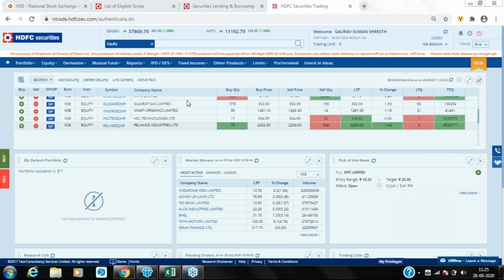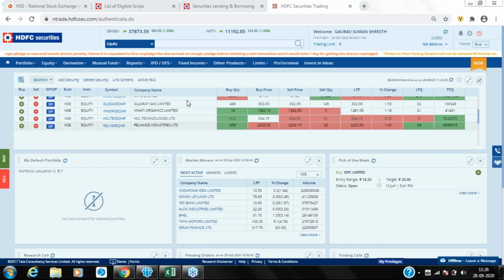So both of them are completely different. Both of them have no similarity whatsoever. A basket order is a feature by which you can execute multiple buy or sell orders. Even for one script, you can add multiple buy or sell orders. So basket order and smallcase order are completely different.